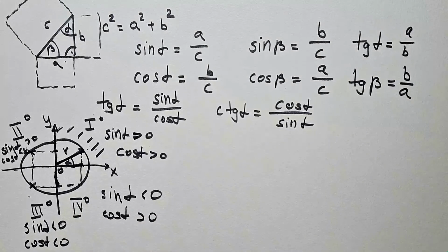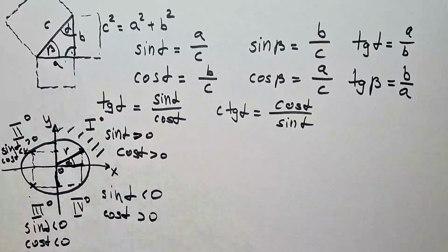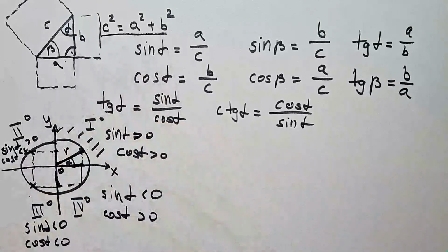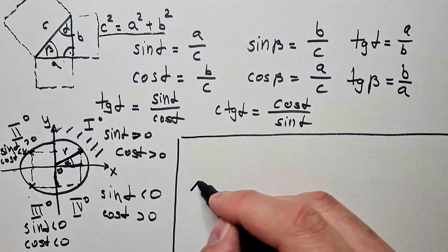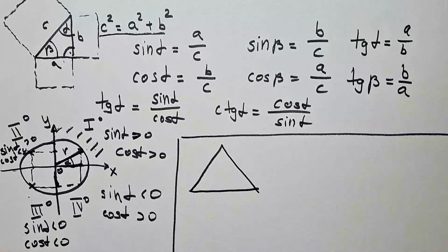Now I would like to tell you that this rule for right triangles, namely the Pythagoras theorem, and these rules can be extended to any triangle. Let's say I have this triangle that is clearly not a right angle triangle.